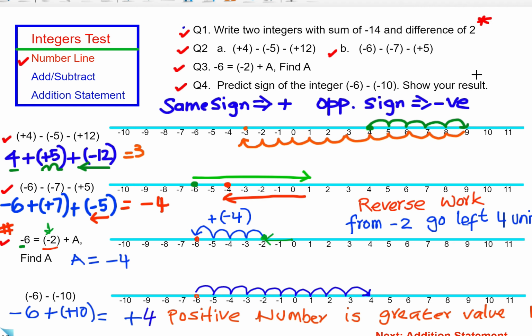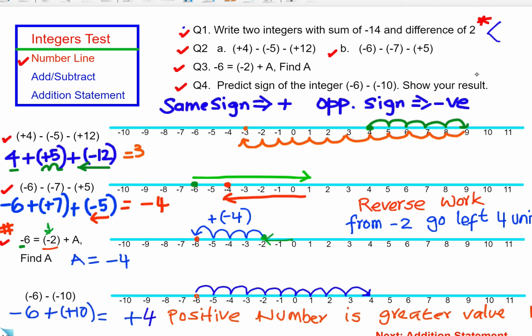But the difference should be of just 2. Right? So that means the two integers are 2 units apart. For example, can I take 10 and 4? 10 and 4 gives you 14, but the difference is 4. That will not work, correct? So the two integers could be what? That is what we have to think about.